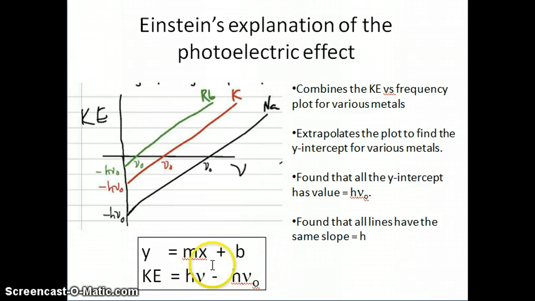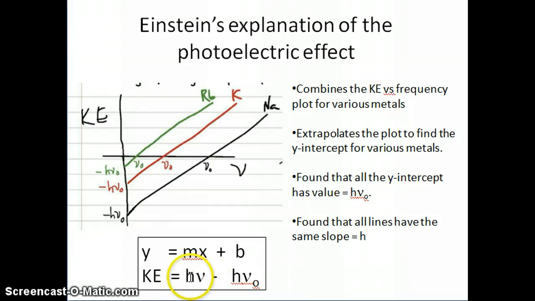And the y-intercept, b, has the value of negative h nu naught, so he just plugged in negative h nu naught for the y-intercept. As a result of just fitting the data using an equation of a line, he was able to find this equation, which relates the kinetic energy of the electron that's ejected off the surface of a metal to the energy of the incoming light.